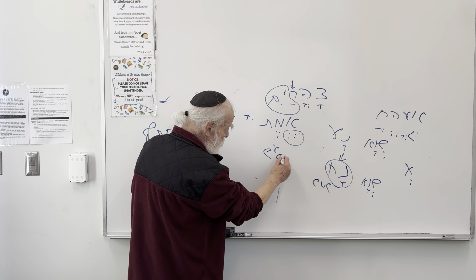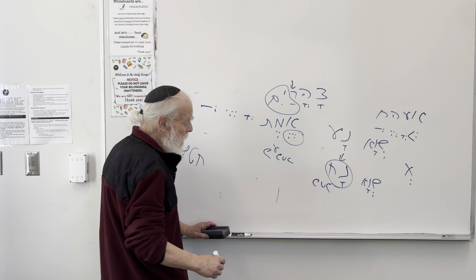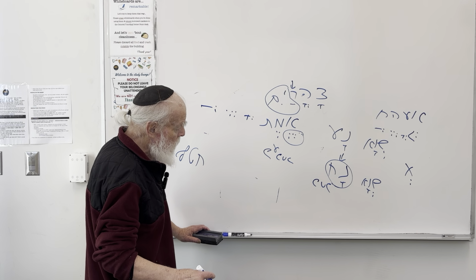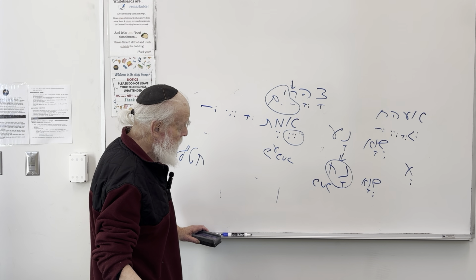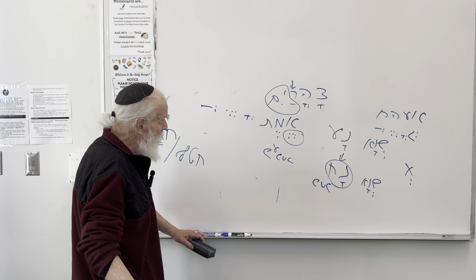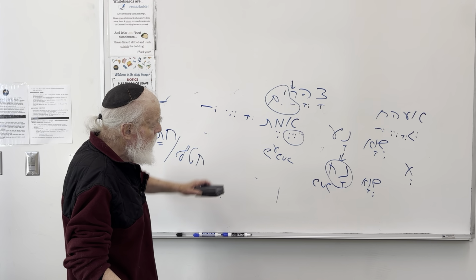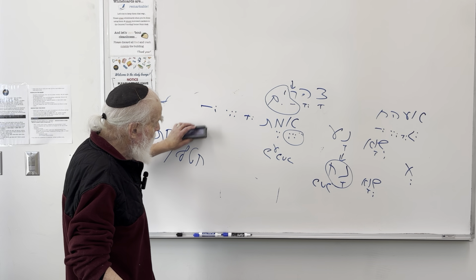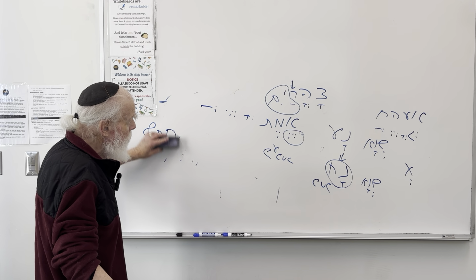Then you continue with CVC. So the word emet has 1 syllable, C-ayin, CVC. That's the hataf segol. And then you go on with other examples.